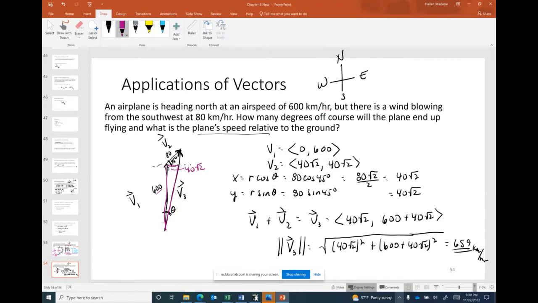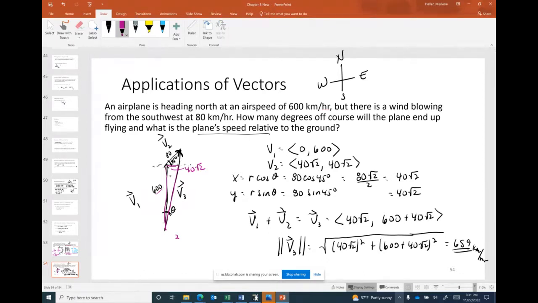Since I know the hypotenuse and opposite side, I can use the sine. I can say that the sine of theta is the opposite side, 40 square roots of 2 over, oh wait, that's not the hypotenuse. Sorry, that's the other leg of the triangle.